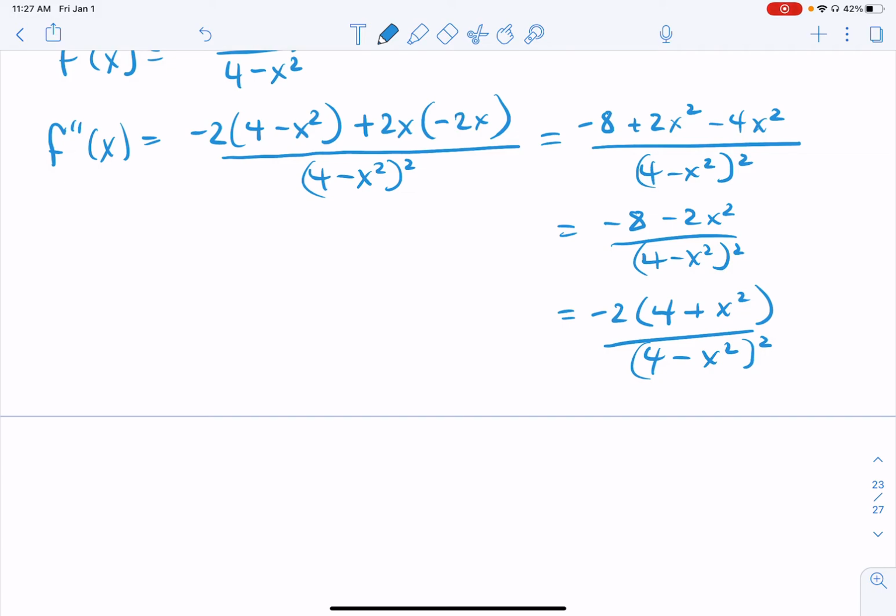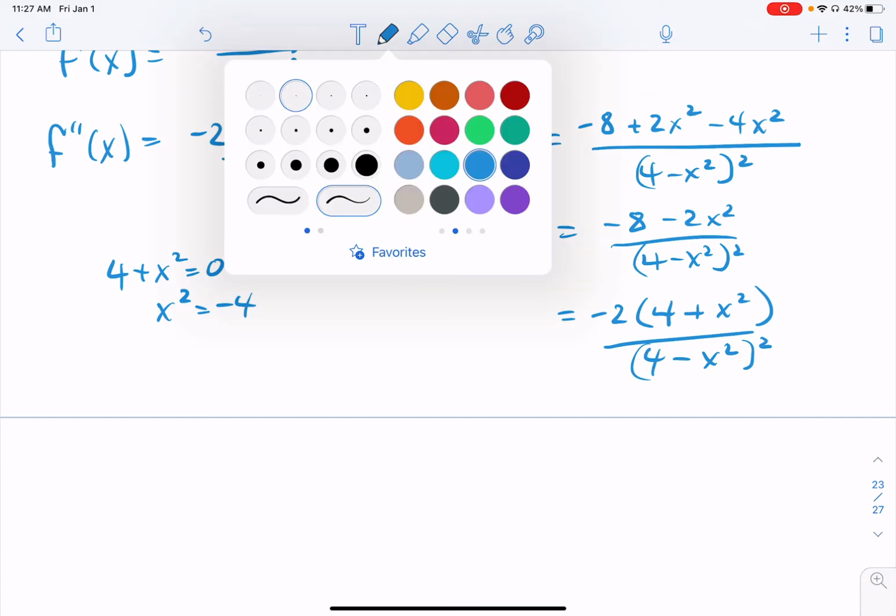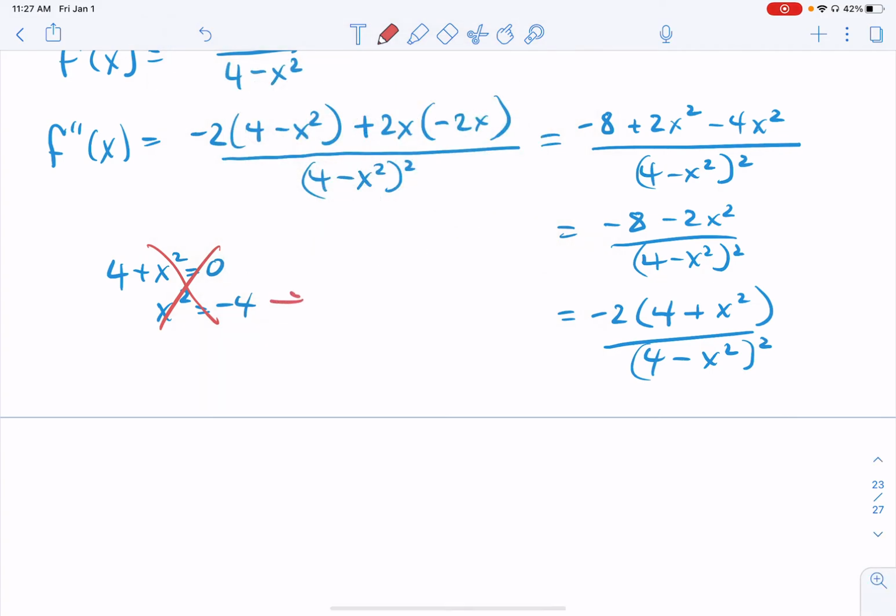No, I guess not. All right, so supercritical numbers. Once again, denominator, we don't care about that one because we already took those out of the domain. How about the top? Is 4 plus x squared ever equal to 0? Nah, because you'd have to subtract over the 4, and we're not going to square any kind of real number to get a negative. Imaginary, sure, but no, not real, which means, hey, no points of inflection.